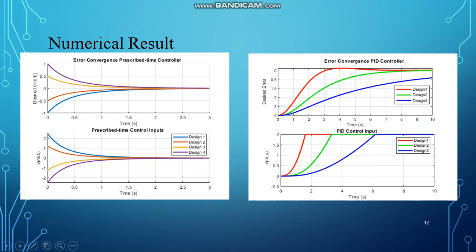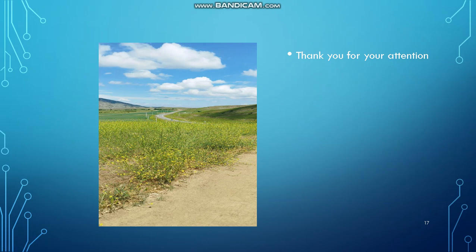The prescribed time controller is an advanced controller, and that is useful to reach, for example, convergence in 3 seconds, and it's just a very easy numerical simulation. The initial conditions are not the same.